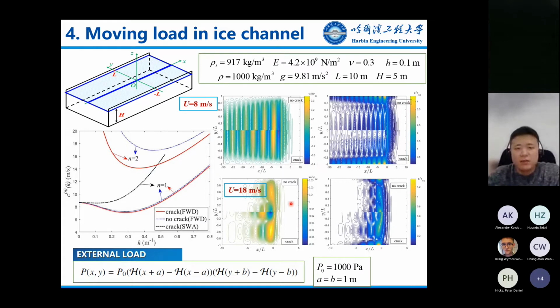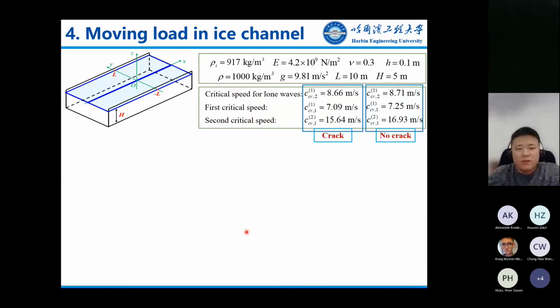We can see that the range of ice deflection is larger for the ice sheet with a crack and load moving at 18 meters per second. In terms of the phase speed of the hydroelastic wave, we can get the critical speeds. The first and the second critical speed and the critical speed for long waves are given here for the ice sheet with and without a crack.